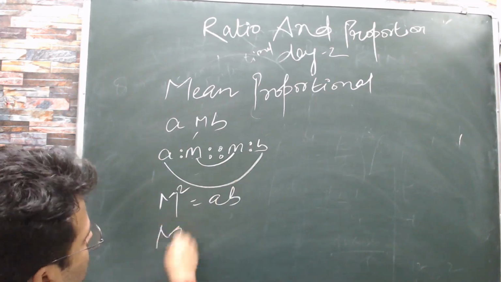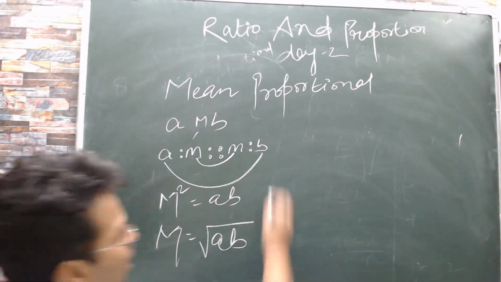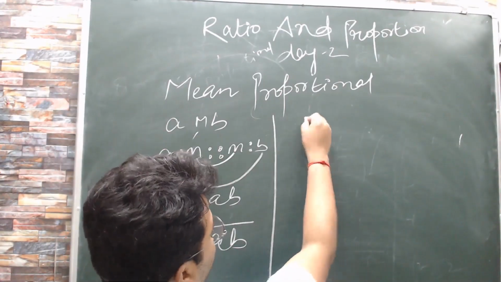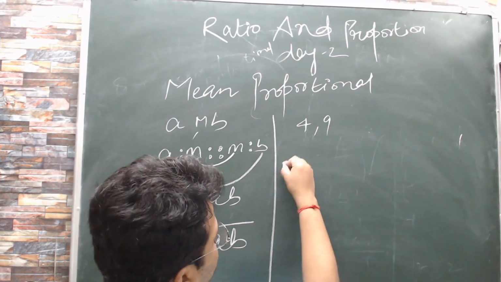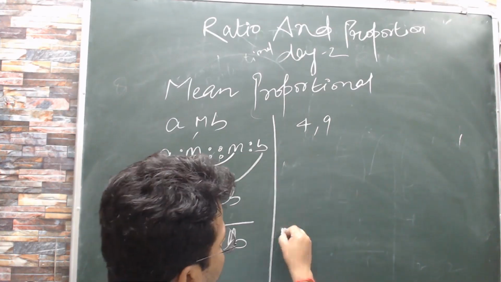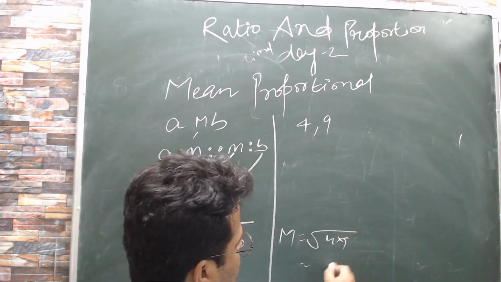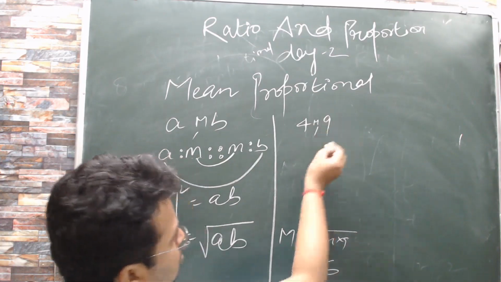So what is the mean proportional? Under root AB. So if you are given, like, find the mean proportional of 4 and 9, how will you find it? You can find it the direct way, m equals root of 4 into 9, which is 36, and so 6. But how can you write it in proportion? Here it is m, the mean proportion.